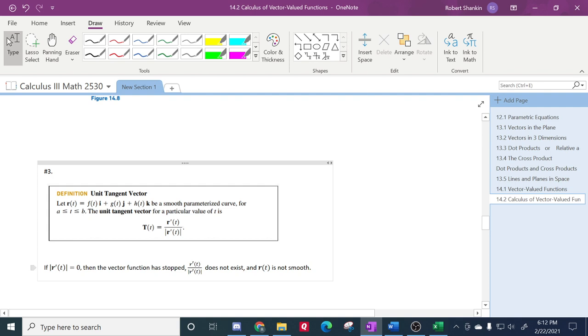And what we say then is that r(t) is no longer smooth. We don't like vector functions that stop. So you'll see many of the theorems that we have will say something like, oh, it's a smooth curve, and it'll assume that it's a smooth curve.